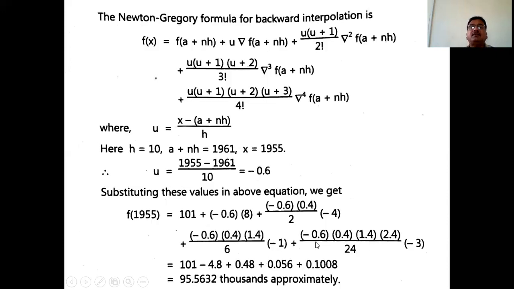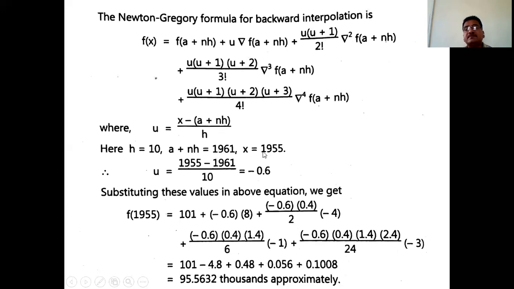So write the general Newton backward interpolation formula. f(x) is equal to f of a plus nh, plus u del f of a plus nh, then all the remaining terms, up to del raised to 4 f of a plus nh, and then find u. What is u? u is x minus (a plus nh) divided by h, that is x minus the last point divided by h. What is h? h is 10. a plus nh is 1961, the last value of x.